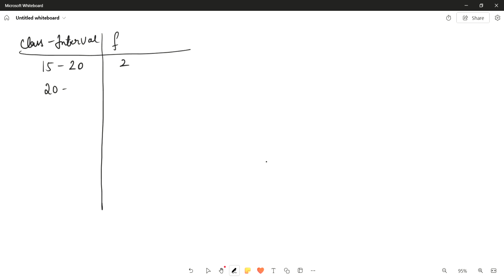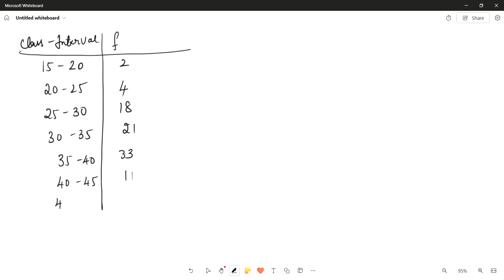Then we have 20 to 25, 4. 25 to 30, 18. 30 to 35, it is 21. Then 35 to 40, 33. 40 to 45, 11. 45 to 50, it is 3. 50 to 55, 6. 55 to 60, it is 2.